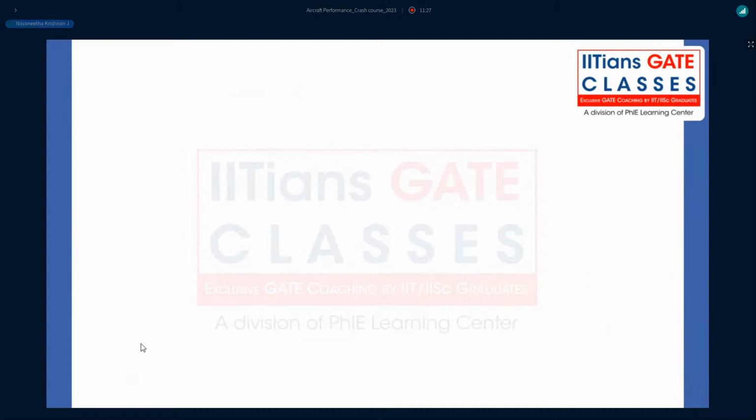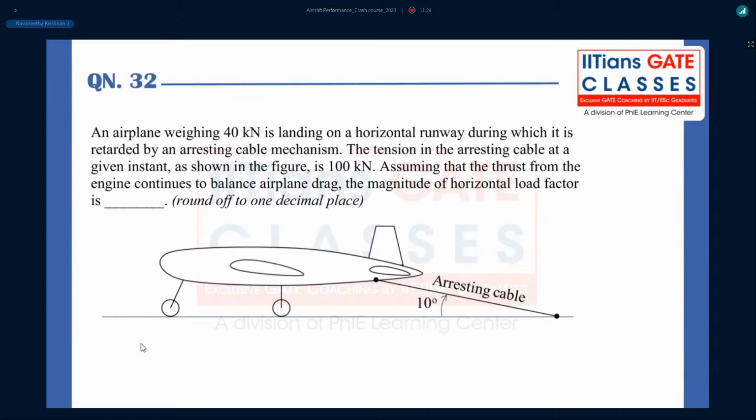Next. Question number 32. An airplane weighing 40 kilonewton is landing on a horizontal runway, during which it is retarded by an arresting cable mechanism.